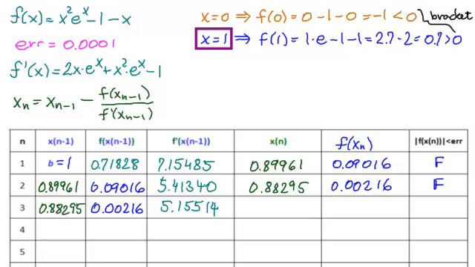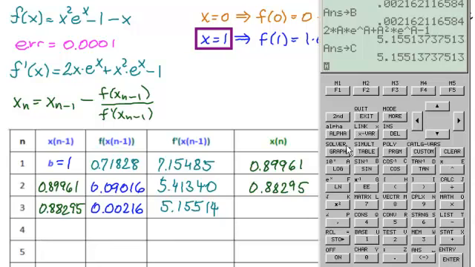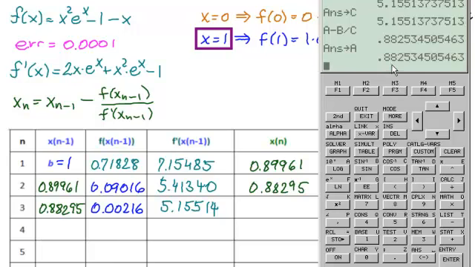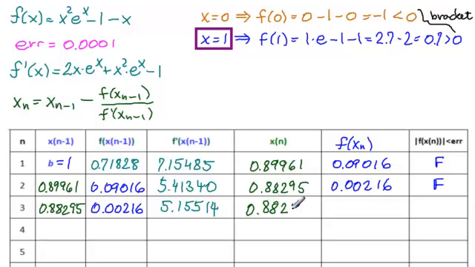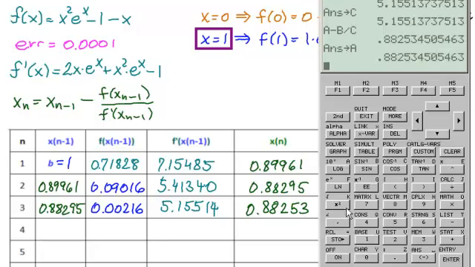Okay, we're ready to do the new xn. So that's always alpha A minus alpha B divided by alpha C. And we put that into A and write it down. 0.88253. The function value of that, so alpha A squared times second ln alpha A minus 1 minus alpha A. And we're already there.